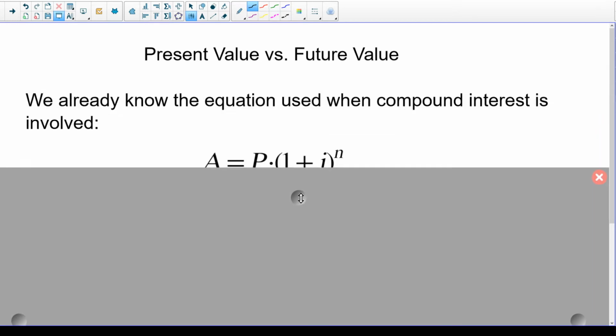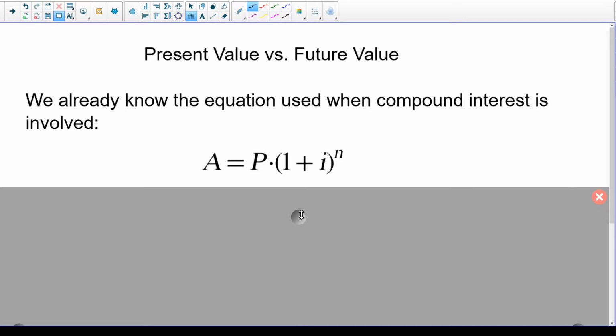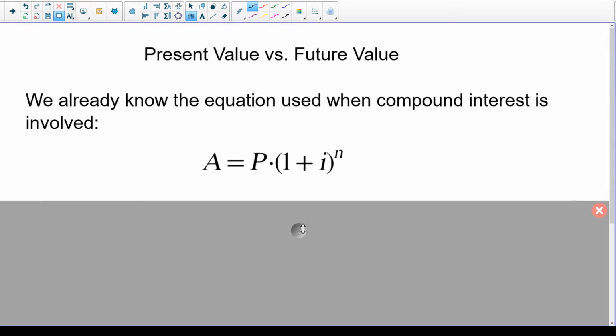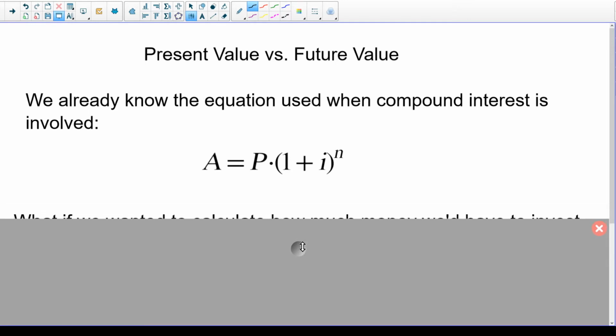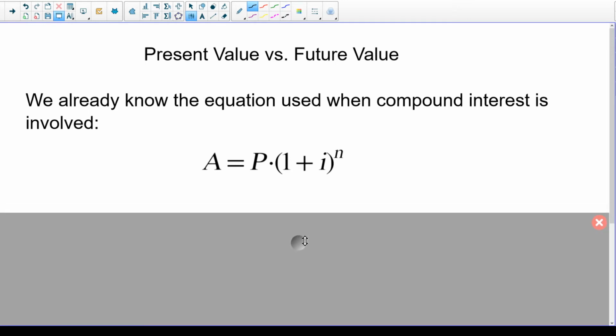So we already know the equation for compound interest, right? The compound interest formula is A is equal to P times (1 plus i) to the n. Well, the thing is, why future value and present value? Well, the amount that you're getting can be considered a future amount of money. So I have actually seen formulas written like this for the same formula.